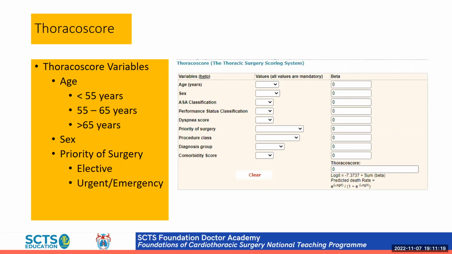Pneumonectomy can be between 5 to 6%. Other procedures like oesophagectomies can be between 7 to 8%. So these are just rough estimates. The more comorbidities you have, the higher the risk you'll obviously quote. But the Thoracoscore is a reasonably okay calculation method that you can use when you are trying to predict the risk to life for these patients.